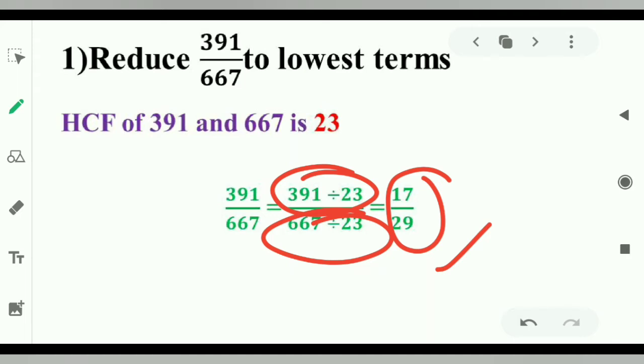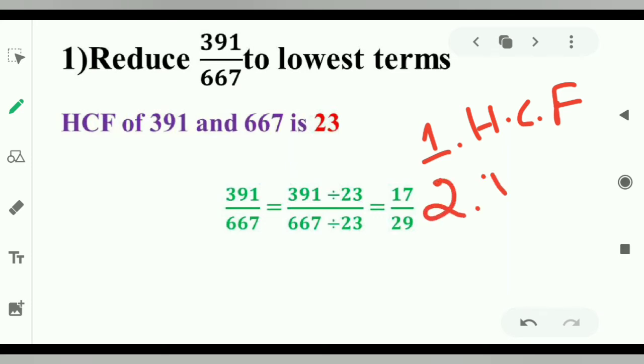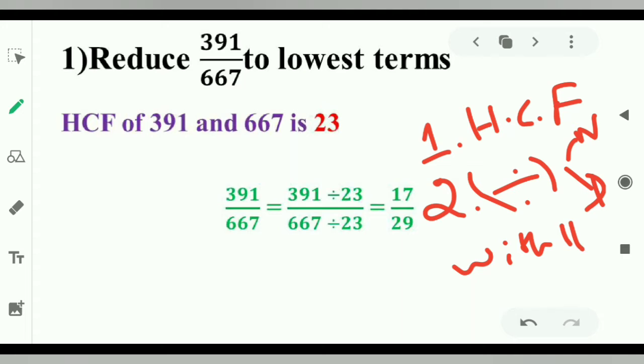Let me quickly list out the procedure. In case we are provided with some bigger numbers or fraction and we are asked to reduce it to the lowest term, what we have to do as a very first step is find the HCF of both the numerator and denominator, and as a second step, divide both numerator and denominator by the HCF. The HCF will definitely divide both the numerator and denominator exactly.